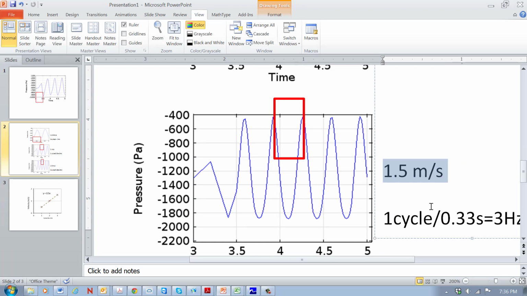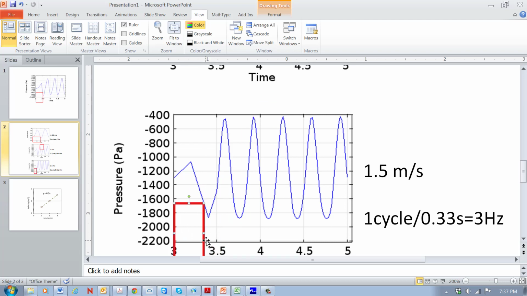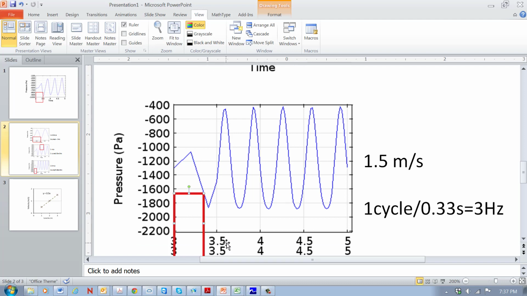That was the velocity that I used in the Comsol model. And here's the signal that I pasted from the Comsol model, and I determined the period peak to peak again, and I had to estimate that. It looks to me like it's about 1/3 of a second. So 1 cycle in 1/3 of a second is a frequency of 3 hertz.